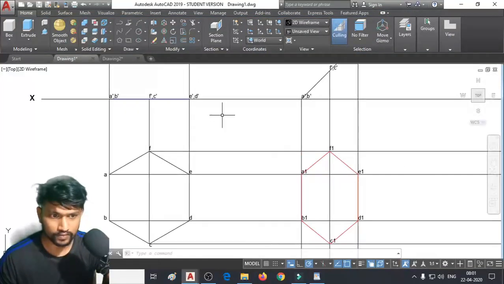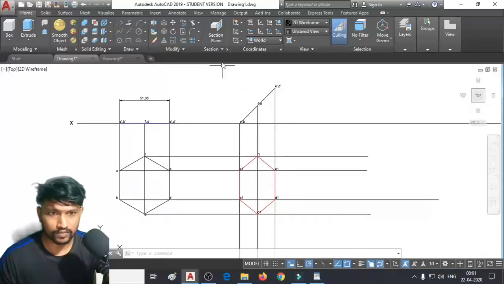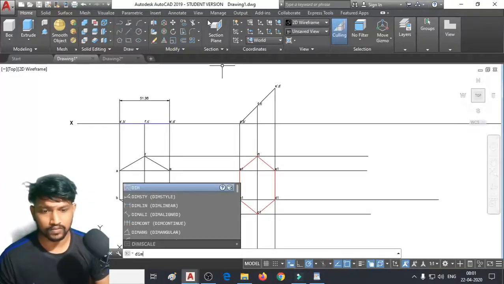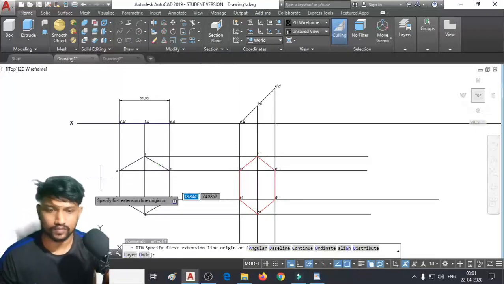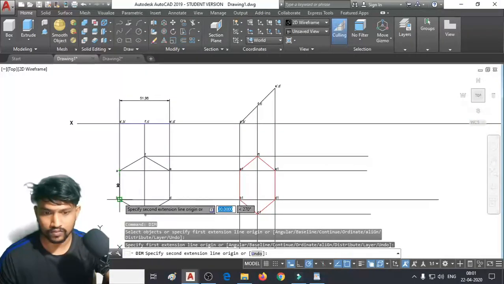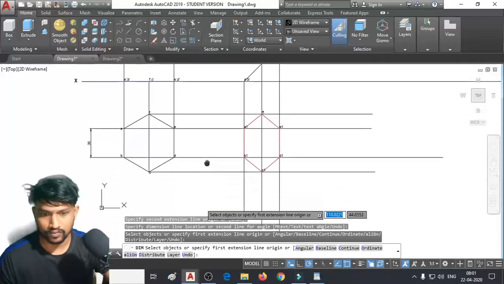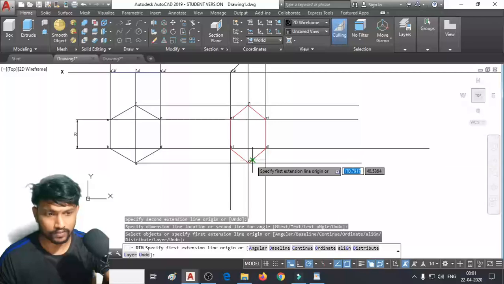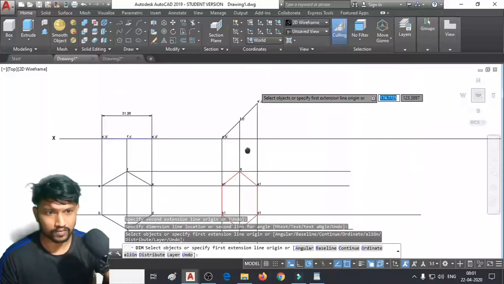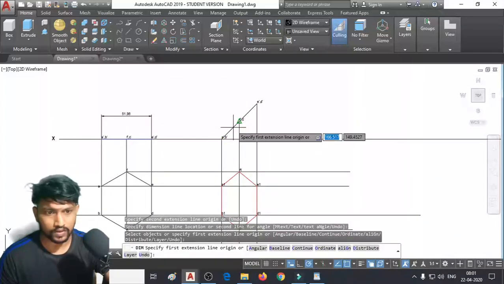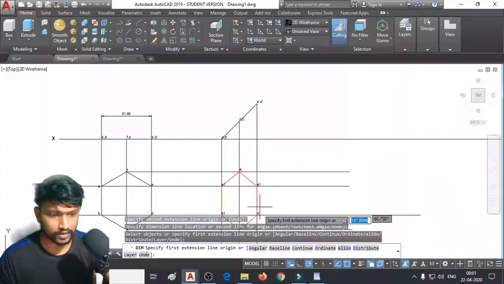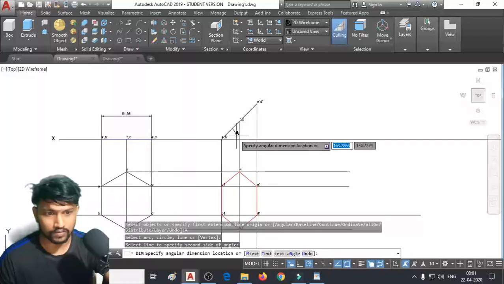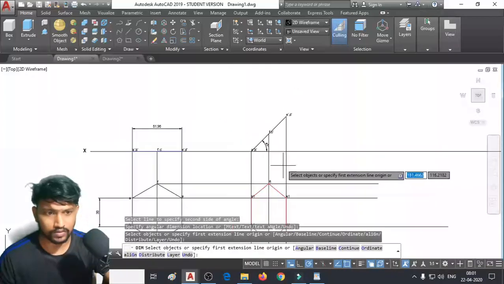Let me measure the dimensions here. Each side of this one is 30 mm, and the angle of this one is 45.